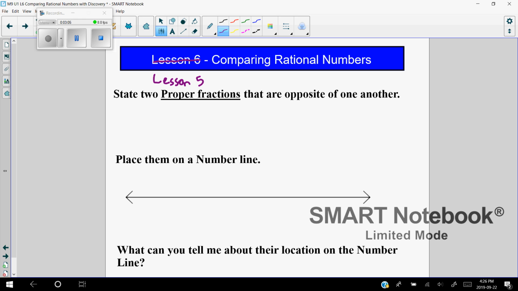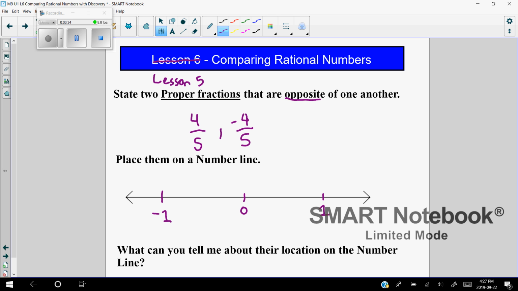So opposite means opposite in terms of one is going to be positive and the other is going to be negative. So I picked 4/5 and -4/5. So then if I were to place these on a number line, I'm going to start with 0, and then I put 1 over here and -1 over here.